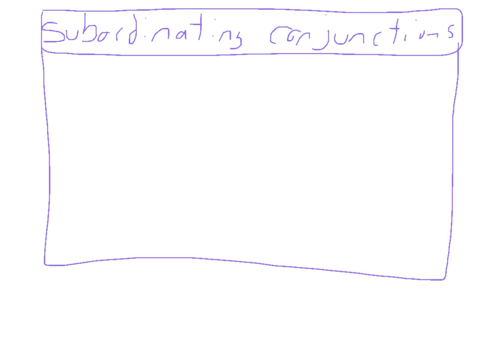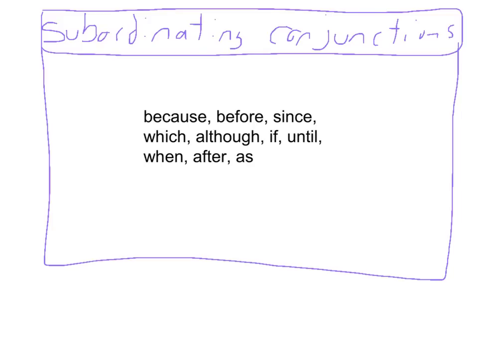When we studied compound sentences, we used the acronym FANBOYS as a way to remember the conjunctions that we could use. For complex sentences, we use a different set of conjunctions. They're called subordinating conjunctions. I'm going to give you just a few to work with today. So if you need to pause the video to get all these conjunctions down, go ahead, but I'll read them for you.